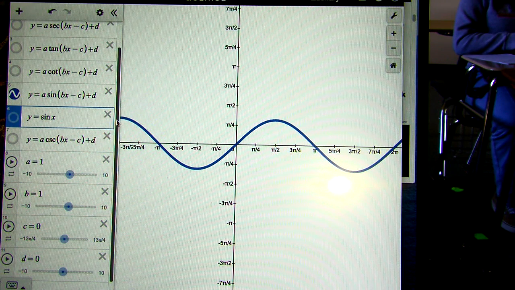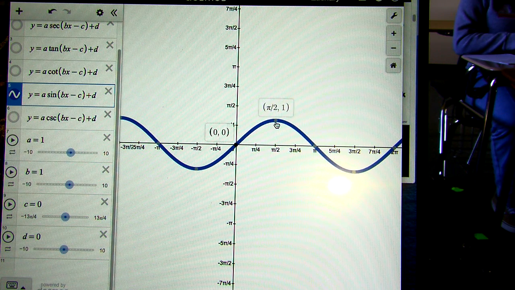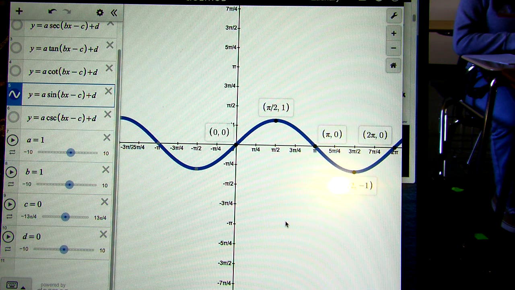Okay? So watch this. Here are some points. We know that we have (0, 0), (pi over 2, 1), and (pi, 0). We got a couple more. Okay. And if we were to reference a unit circle, remember, is the sine talking about the x values or the y values? Do you remember this one?